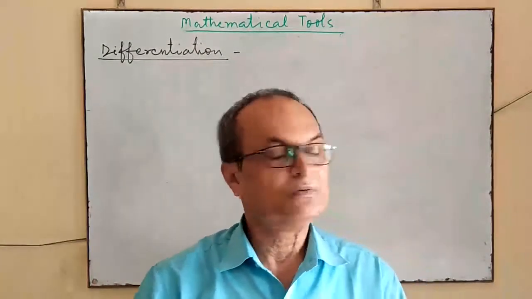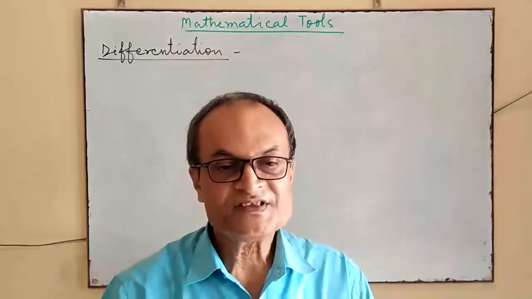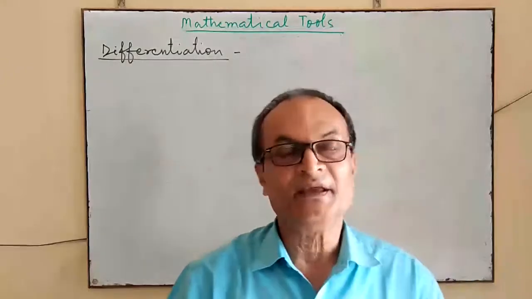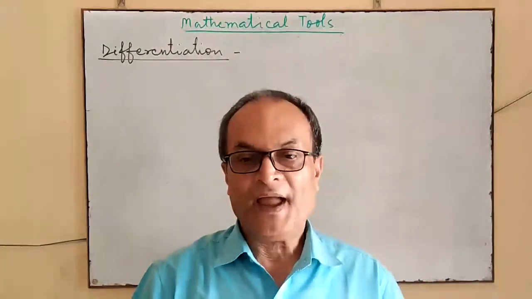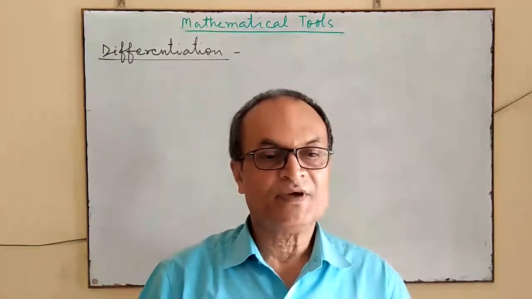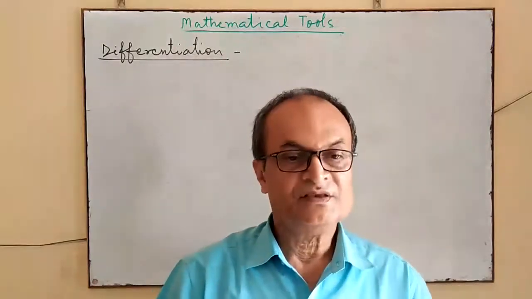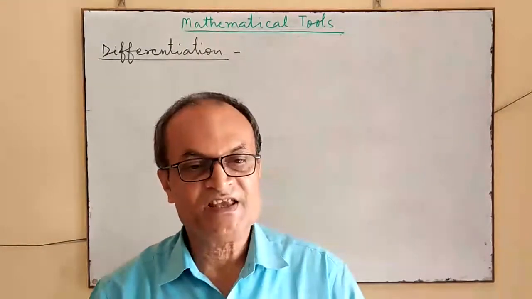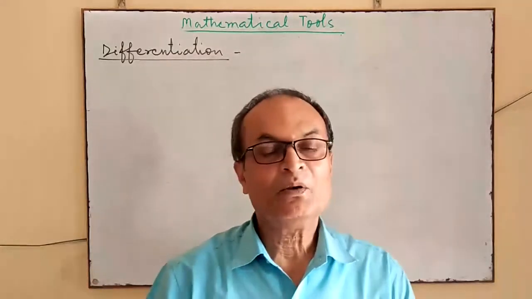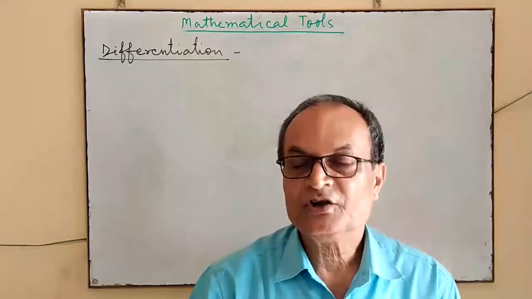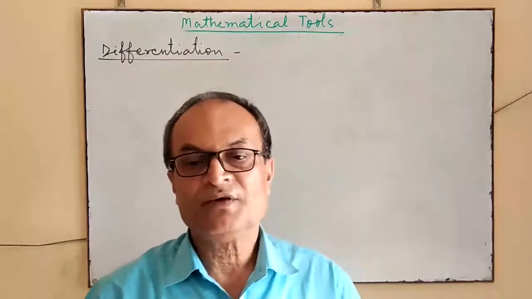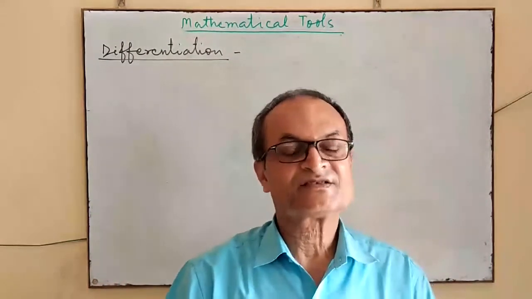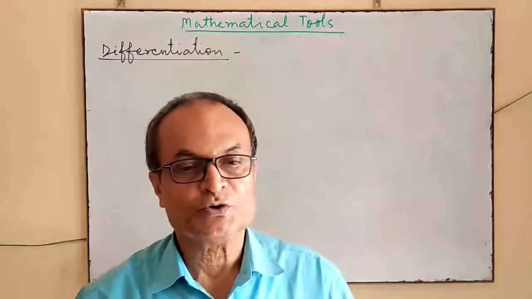The derivative or differential coefficient of a dependent variable y with respect to an independent variable x is defined as the ratio of the change in the variable y corresponding to change in variable x when the change in x approaches 0.